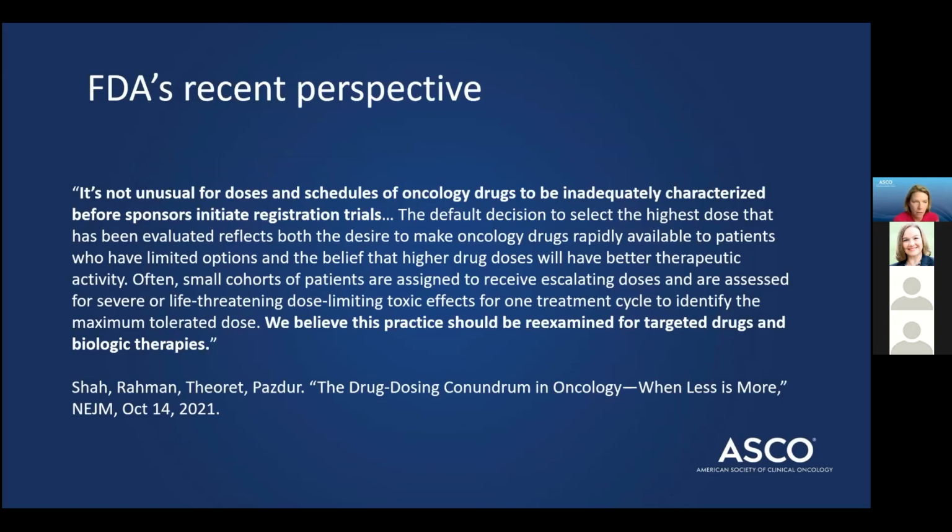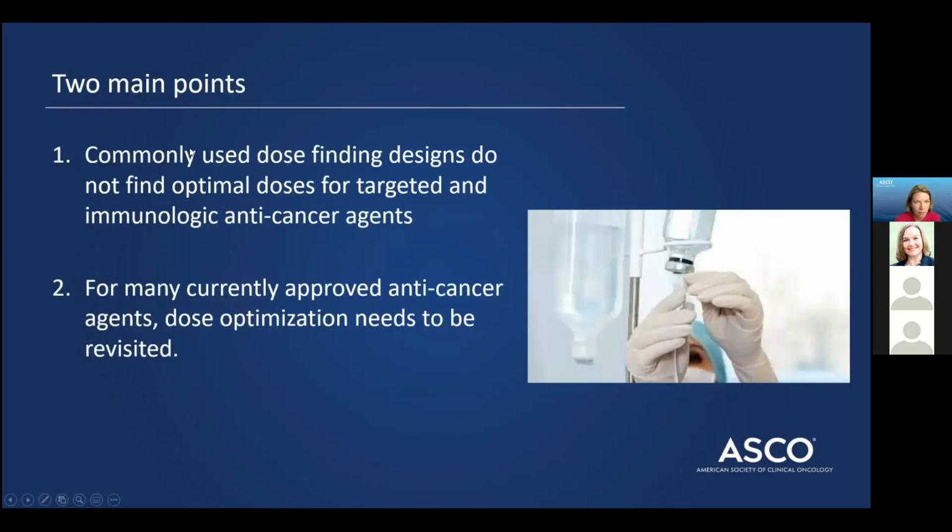I won't read this whole thing, but the gist here is that you use small cohorts of patients receiving escalating doses and wait till they see DLTs, and then we define the MTD as the optimal dose. So they're saying here, in the highlighted last sentence, we believe this practice should be re-examined for targeted drugs and biologic therapies. Basically saying we need to stop thinking that is the mold, the paradigm we should be using for dose finding.